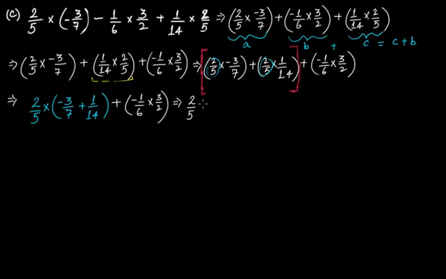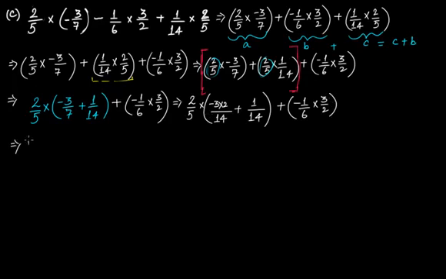2/5 times, this is addition of two rational numbers, denominators are different, therefore we will find LCM of 7 and 14. The LCM of 7 and 14 comes as 14. So if we want its denominator to be 14, we write 14 here. 14 divided by 7 gives us what? 2 as the quotient. So this becomes minus 3 times 2 plus, it's already 14 here, so write 14 and write 1, plus minus 1/6 times 3/2.